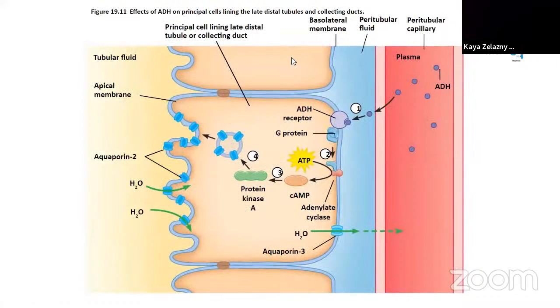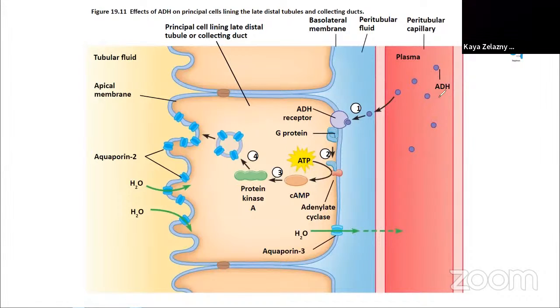So those are the basic steps here. There are a lot of named molecules, but I'll focus on what I'd actually like you to know. One, ADH present, and it's really just what I've been saying out loud. Two, there's a receptor.